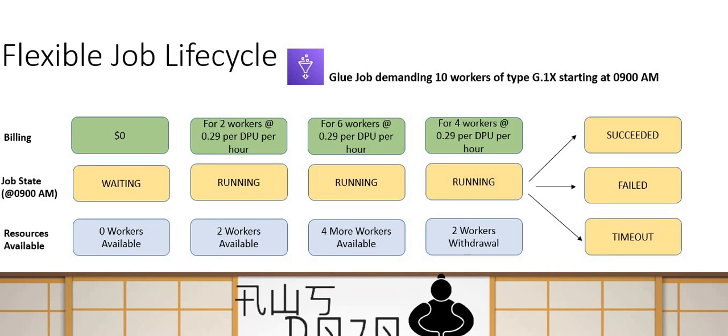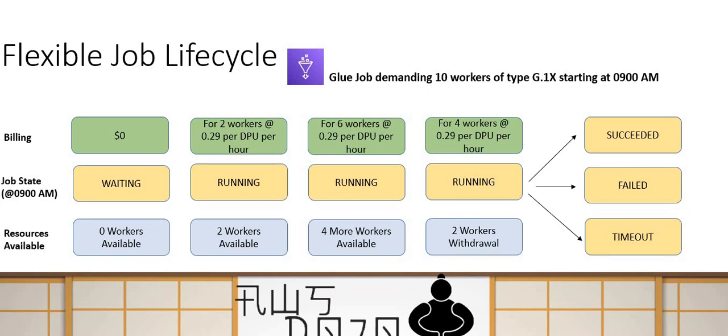Now, a timeout can happen because of 2 things. One is that there's something wrong in the code, and your code is taking more than the usual time. Then it timed out. One could be a natural timeout because your code was not so optimized. But the other timeout can happen because you needed 10 workers, but you're given only 2 workers, 6 workers, or 4 workers, like that, so you're always under capacity.